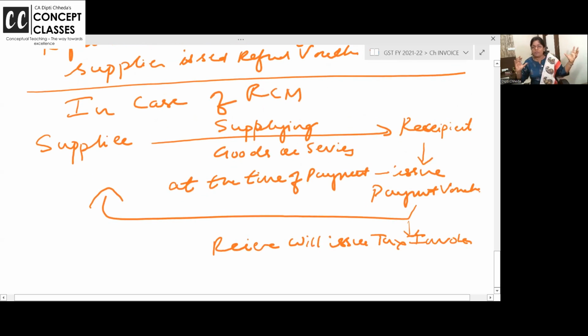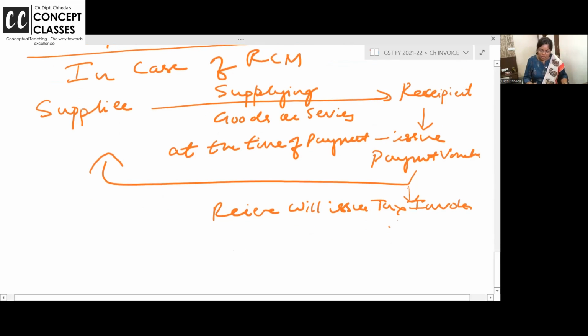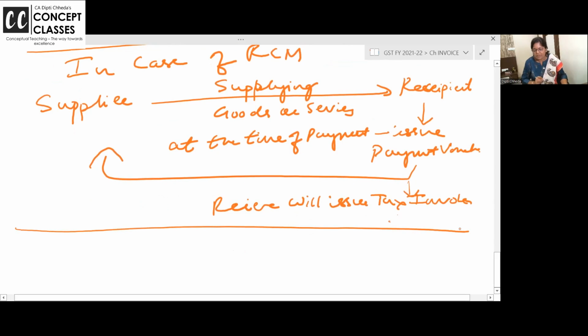I want you all to please correlate so many chapters in case of RCM. The supplier's aggregate turnover will be included. And though the tax invoice is issued by the recipient, with the payment voucher, this is a purchase for the recipient, so it will not come into the recipient's turnover. Clear to all of you, the RCM concept? Yes? That's all for today.